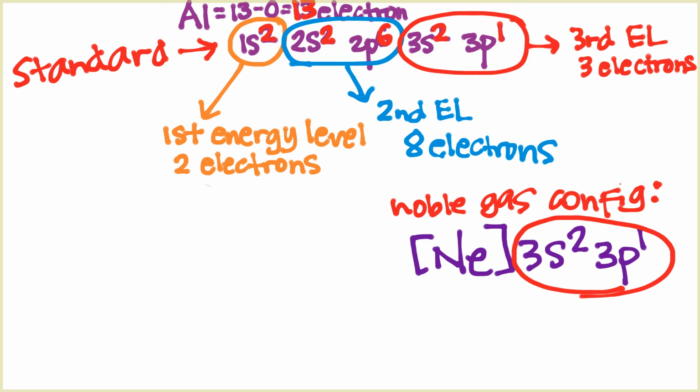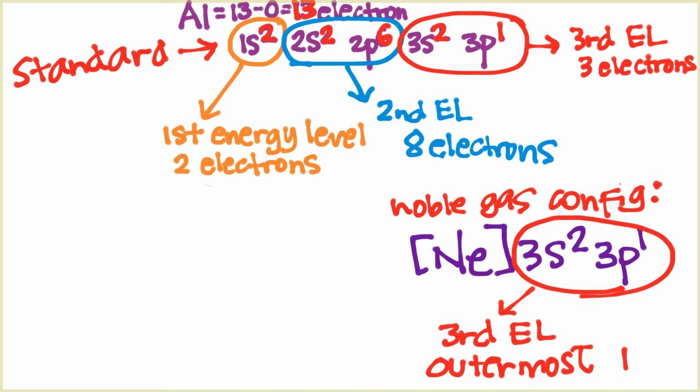See that? This is the third energy level. Third energy level is your outermost energy level. And how many electrons do we have here? We got 3 electrons.